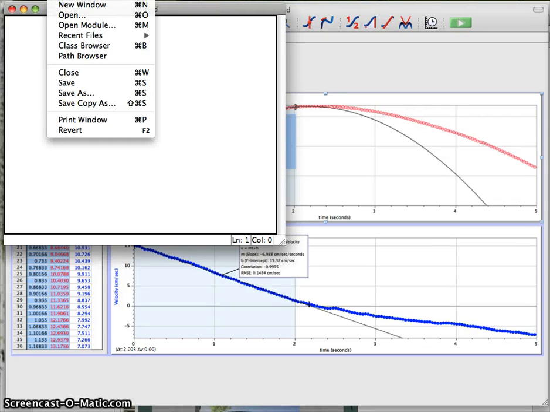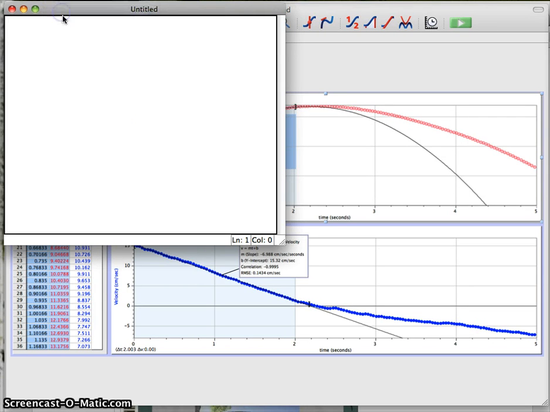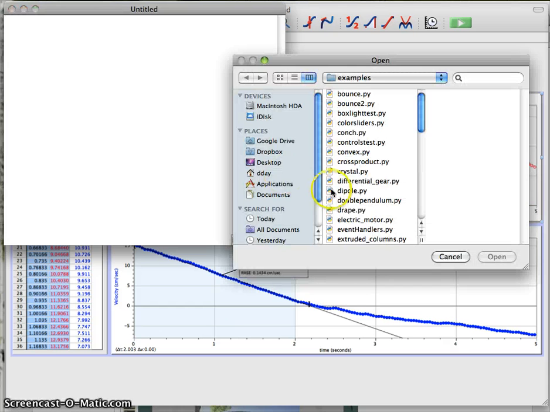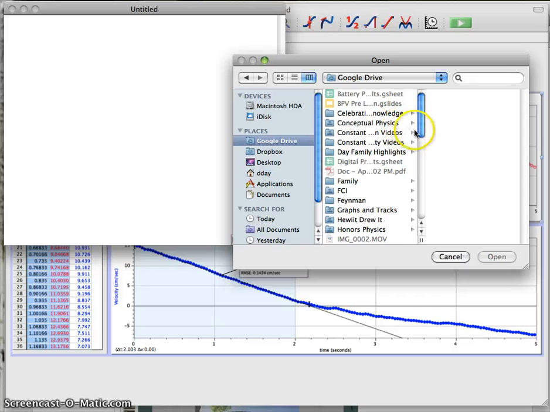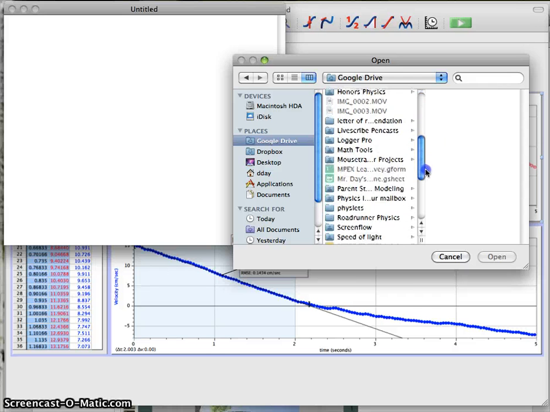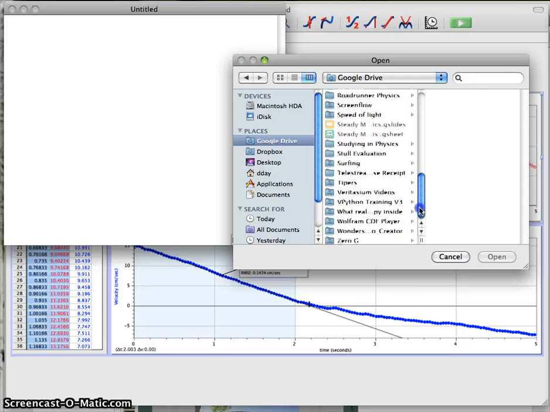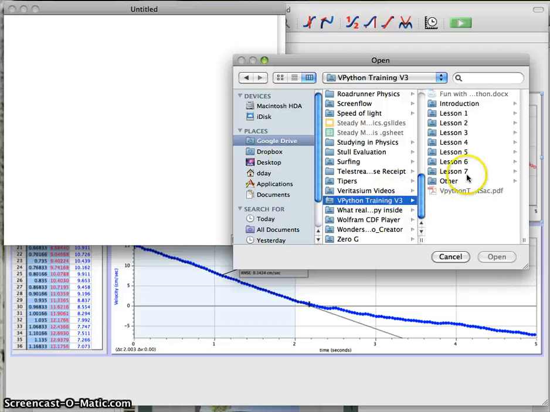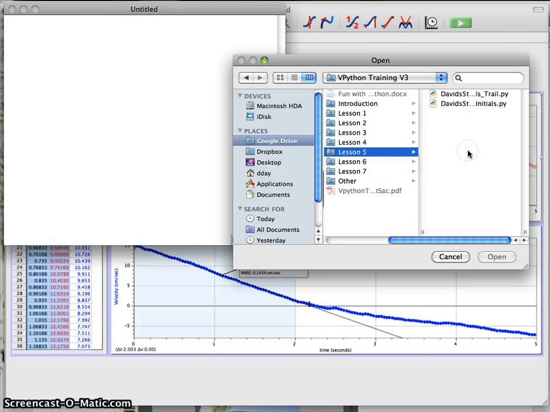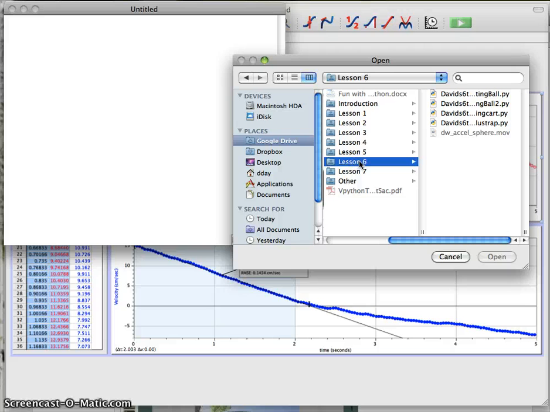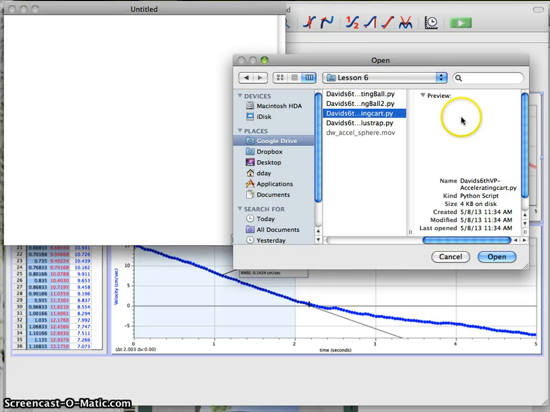I like David Weaver's version, so I should be able to find it here. I put this up for you guys online, so this is all on the website. I think it'll be down here. Yeah, I'm going to open up this one.